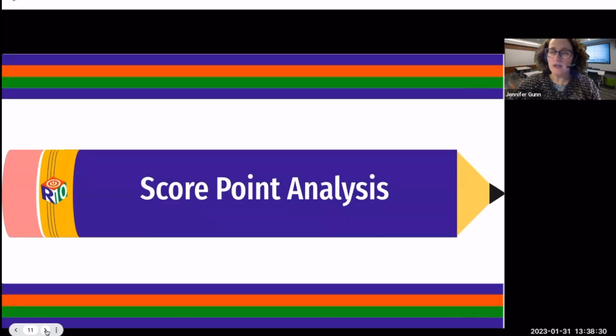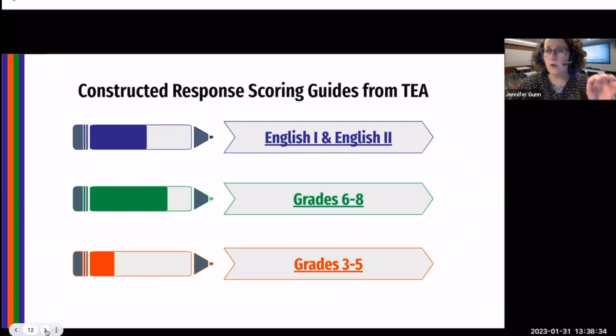Now, as we move into the score point analysis, we want you to be aware that the content we have included was pulled from TEA and their scoring guides.